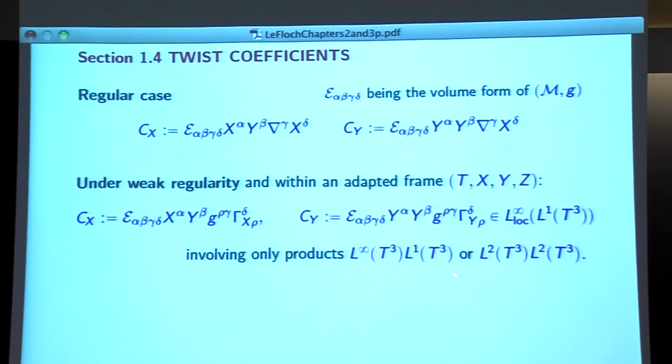The first observation is to wonder whether they make sense or not. In fact, they make sense because they only involve products L infinity L1 or L2 L2, but you have to look a bit carefully at that to see it. They do make sense, and they are actually L1 functions on your manifold.